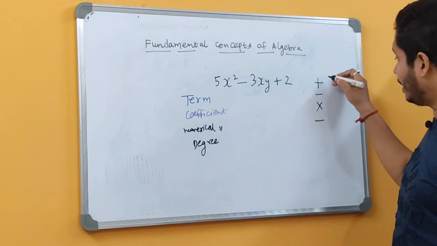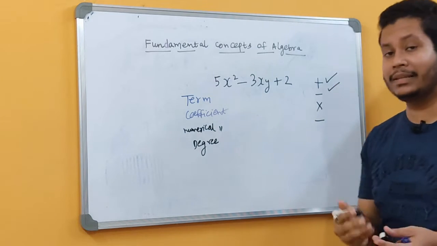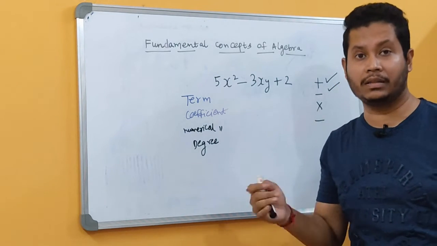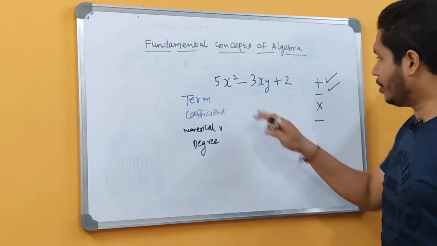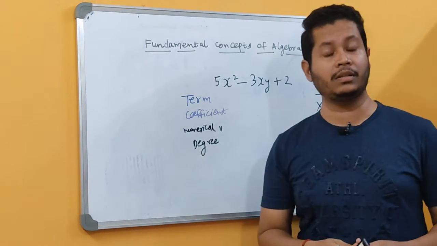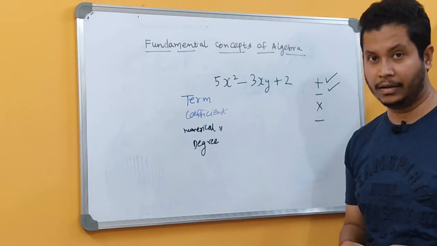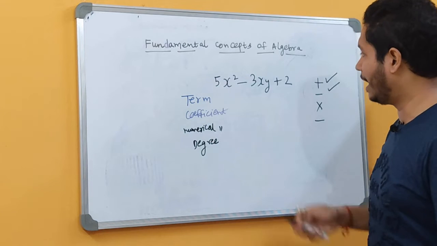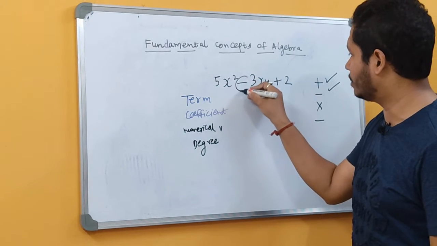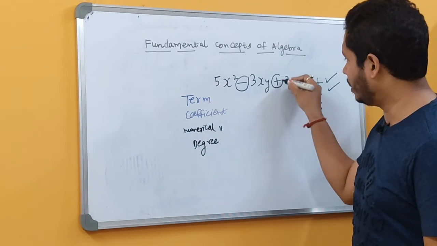But only addition and subtraction decide how many terms there are in an expression. If I focus on the addition and subtraction operators, we have them at two places, one here and one here.